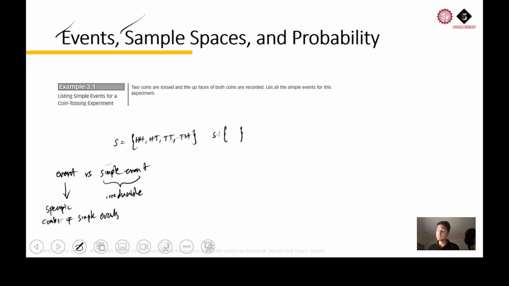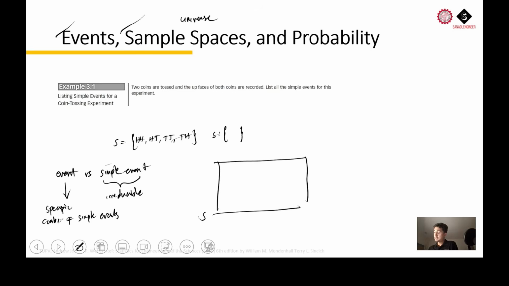What about the sample spaces? The sample space is the collection of all the simple events. In other words, it is the universe. So, for example, if we draw a Venn diagram, which is the universe or the sample space of all the outcomes of the experiment of tossing coins.